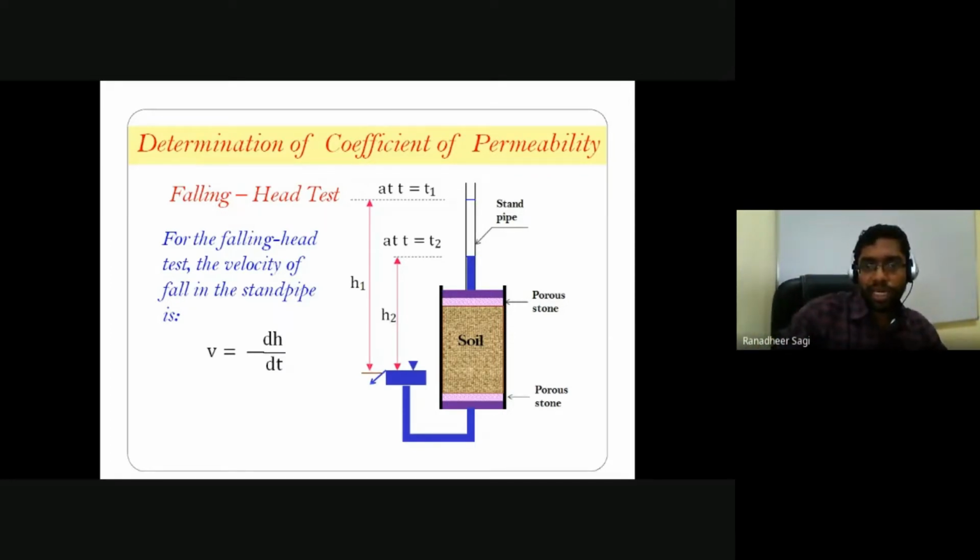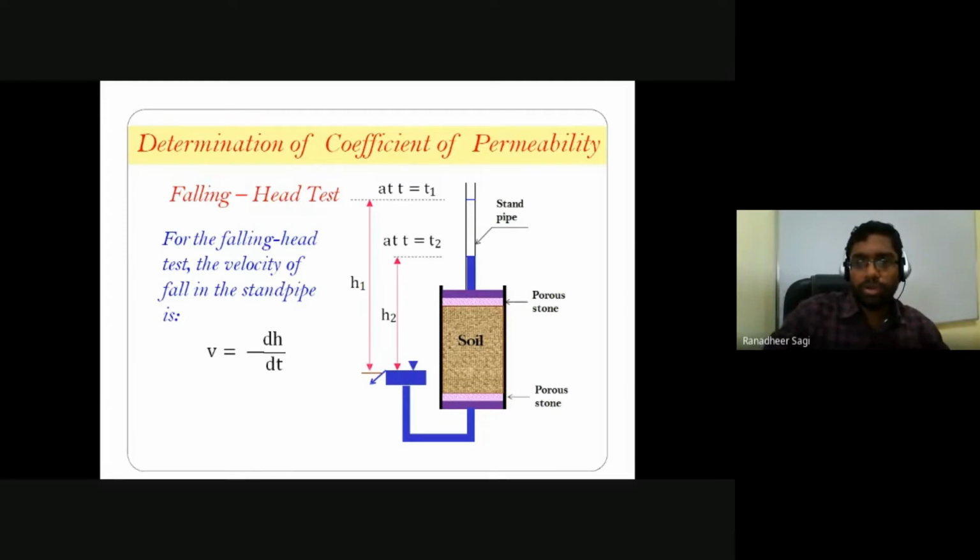And while the water is coming out of the soil sample again, the water particles first enter into the filter paper, and that filter paper filters away all the fine grained particles which are trying to escape along with the water. The fine grained particles are not allowed to pass through the filter paper, which is similar to your tissue paper.